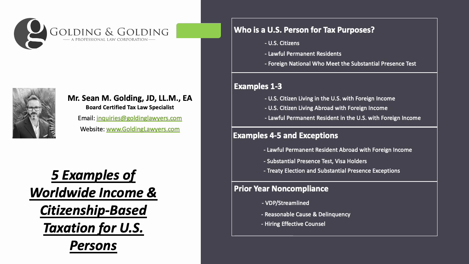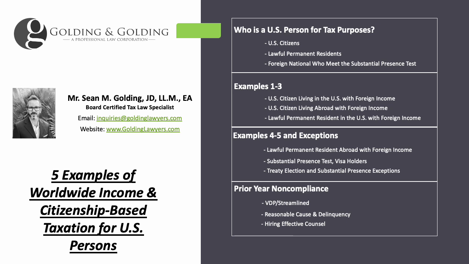Well, Dave still has to report that income on his U.S. tax return, even though it's generated in a foreign country, even though the accounts and the investments were made before he became a U.S. person. They predated when he first came to the United States. Well, from a U.S. tax perspective, that doesn't really matter. Dave still has to include that income on his U.S. tax return.